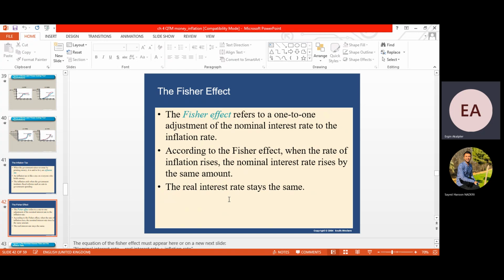If this is zero, then it's good. Between the nominal interest rate and the inflation, there is no change. They go parallel. It is good then for the economy. According to the Fisher effect, when the rate of inflation rises, the nominal interest rate rises by the same amount. It should be, but unfortunately, it is not realized. The real interest rate stays the same if it is realized, but it is unfortunately not realized.